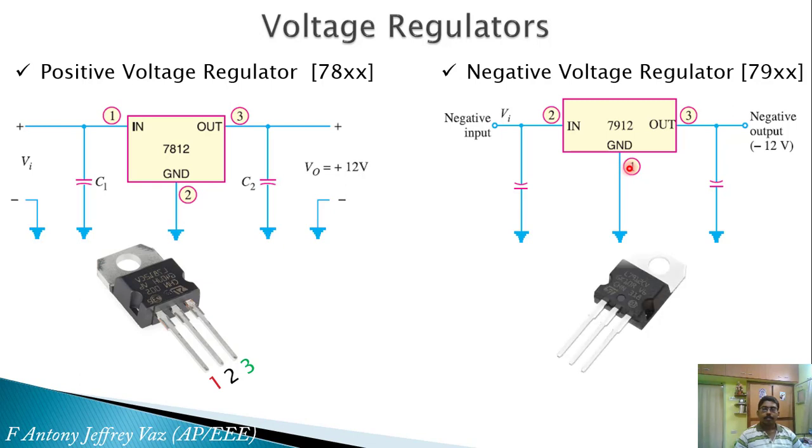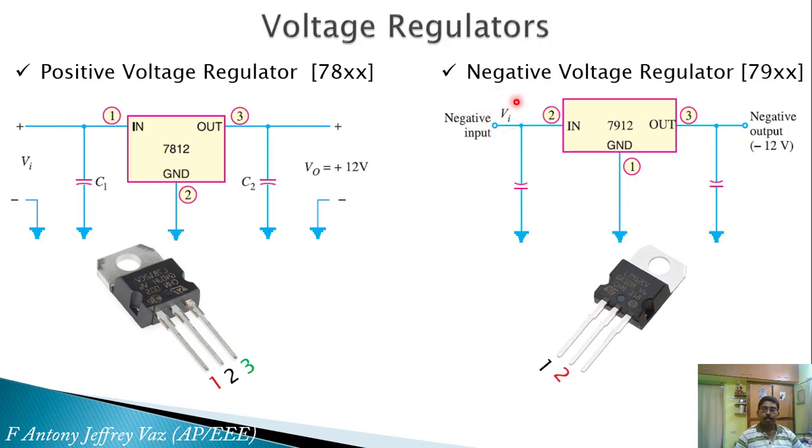Now we will see the pin configuration. This is the physical view of the 7912 IC. This is the first pin. Here the first pin is positive voltage, plus voltage. Here the first pin is ground. The second pin is negative voltage.